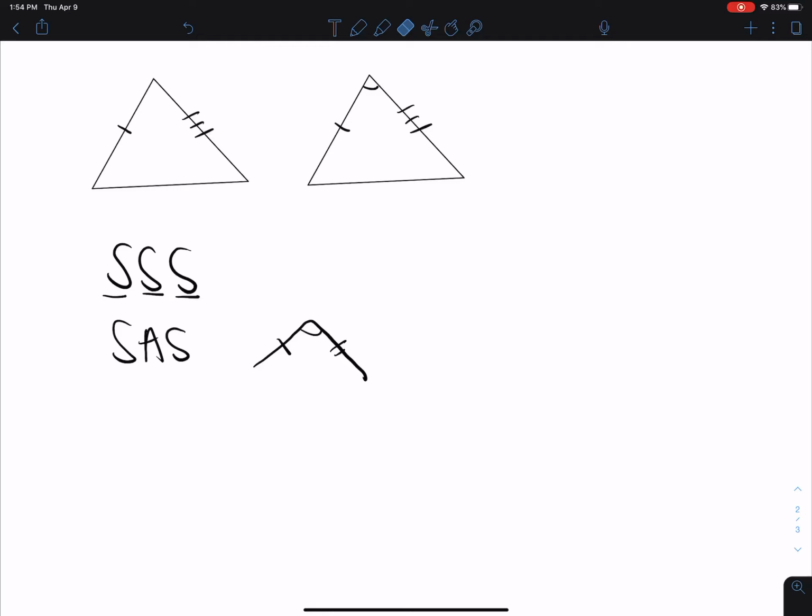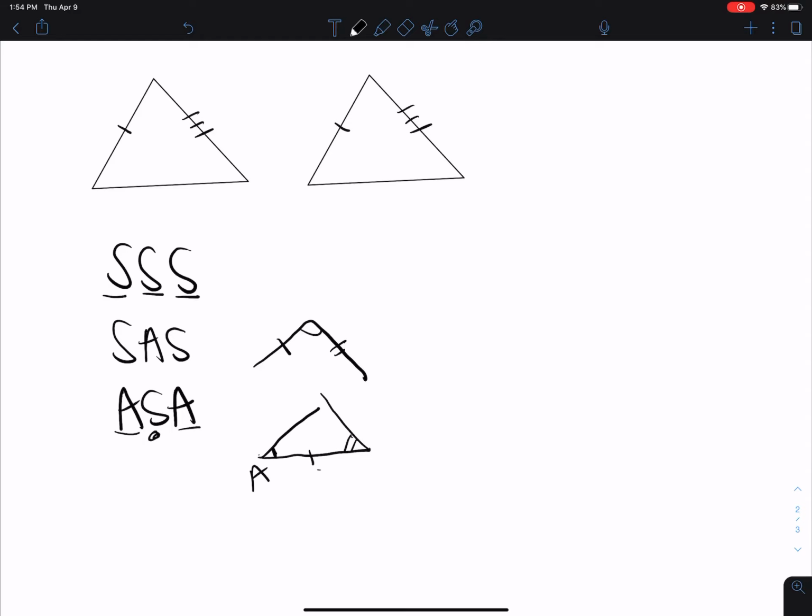Okay, the next one is angle, side, angle. So now instead of having the angle be between the 2 sides, we have an angle on either side and the side has to be in between. So it's this angle, this side, and then this angle.